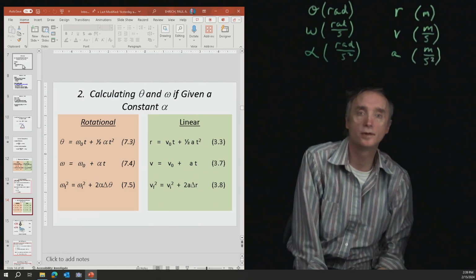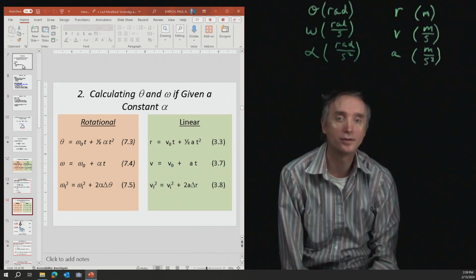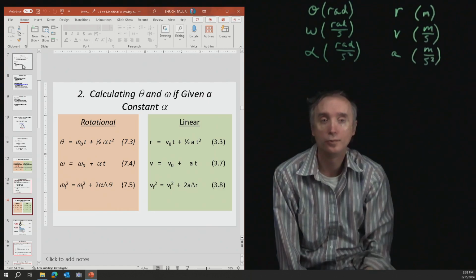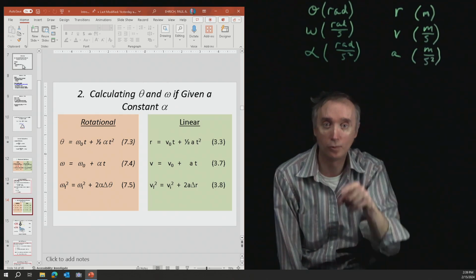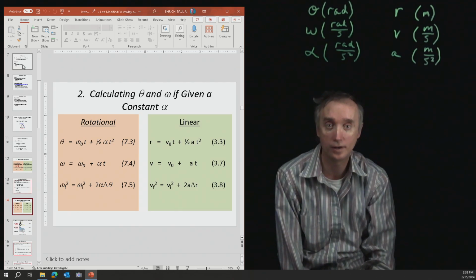Okay, now the next thing that we learned in a previous lesson when we talked about linear motion, when something is moving in a straight line, we found that there were three formulas that were very, very useful in explaining linear motion. So the top one there is going to be the how far equation.